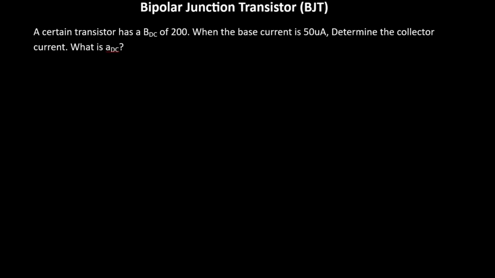Now this question says a certain transistor has a beta DC of 200 when the base current is 50 microampere. Determine the collector current and also alpha DC. So let's solve. All these are simple questions. The first thing they asked us to find was our collector current.